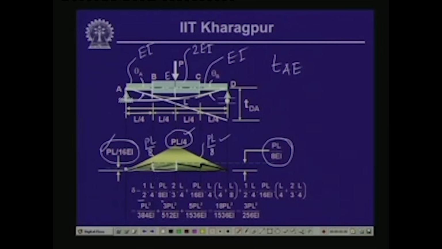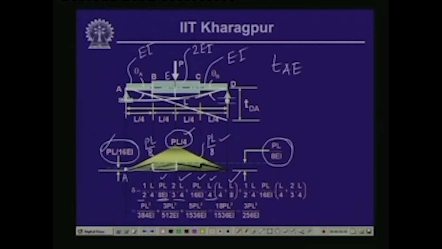Now, PL by 8 EI is the ordinate, and the distance 2/3 of L by 4 gives the moment of this area with reference to point A. Then for this rectangular part, we have PL by 16 EI as the ordinate and L by 4 as the length, that is the area, and then the moment of this area with reference to point A is L by 4 plus half of L by 4, which is L by 8. So, this is the moment of this rectangular area with reference to point A.